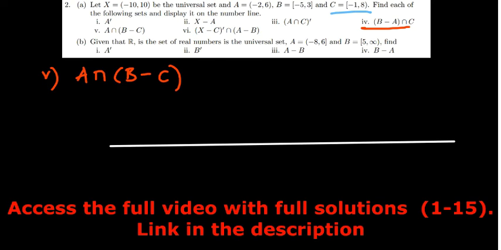Set B is from -5 to 3. And then the other one is from -1 all the way up to 8.